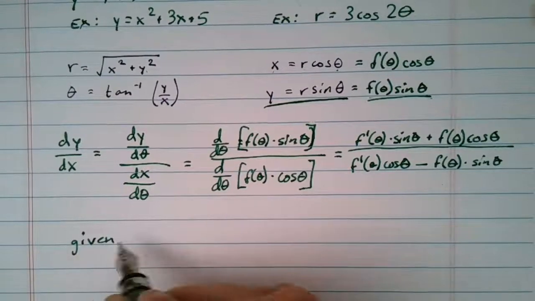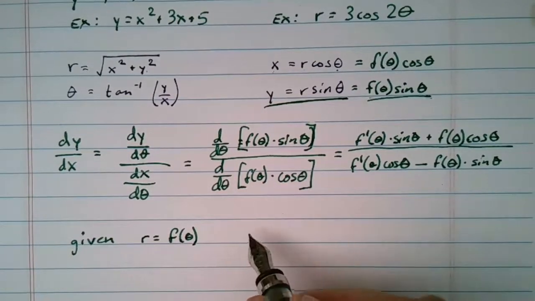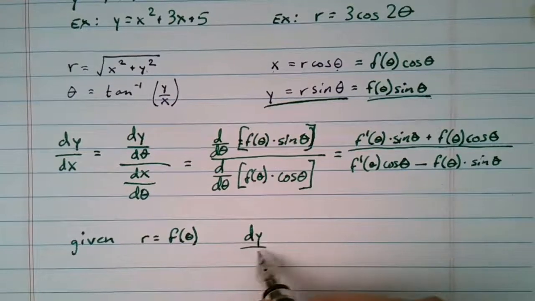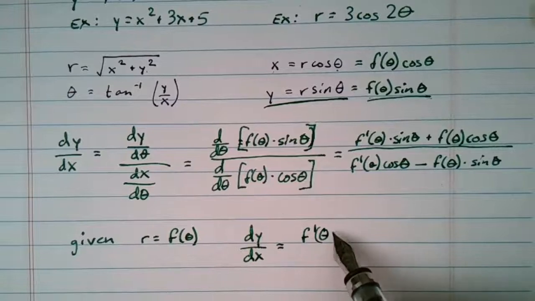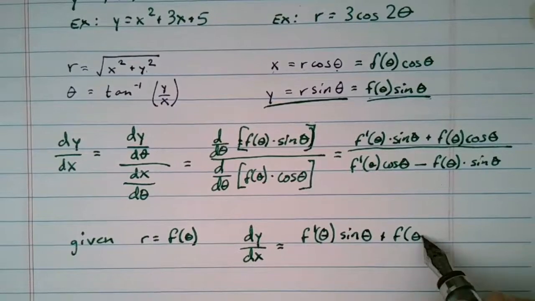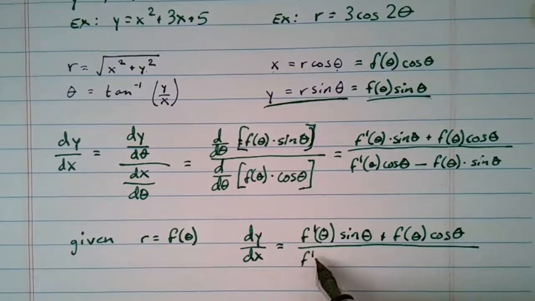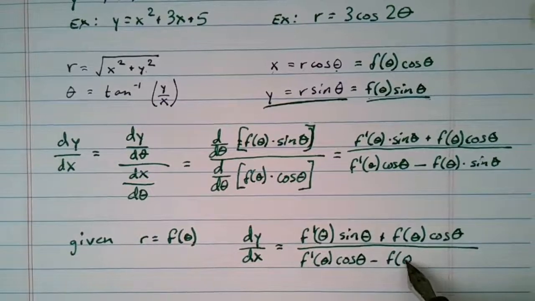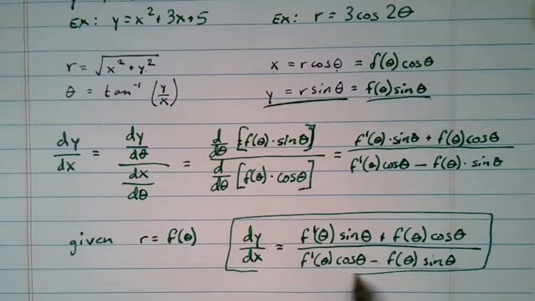Given r equals f of theta, some function of theta, dy dx will be f prime of theta sine of theta plus f of theta cosine of theta, divided by f prime of theta cosine theta minus f of theta sine theta. Okay, so this is a rule we can use for derivatives in polar coordinates.